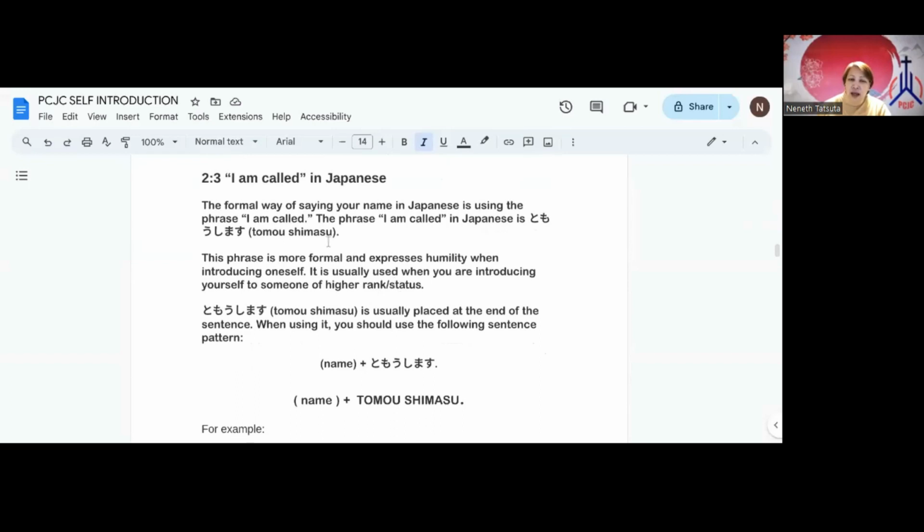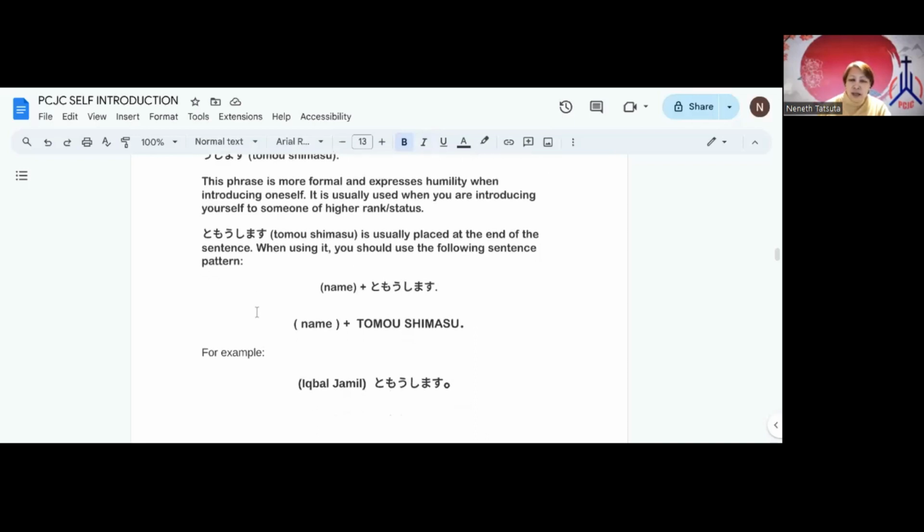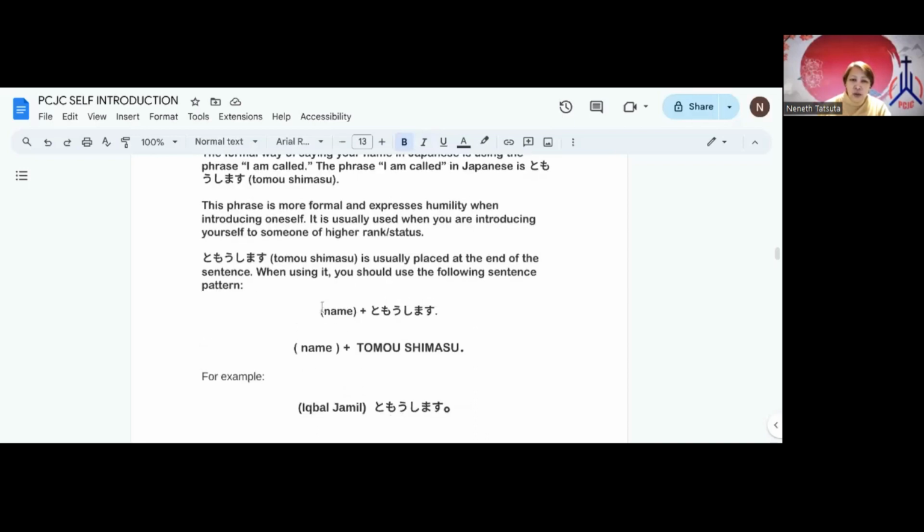We usually use this word tomoshimasu if we are talking to a higher position, somebody who is of high rank, or your boss. So this is a much more polite way.